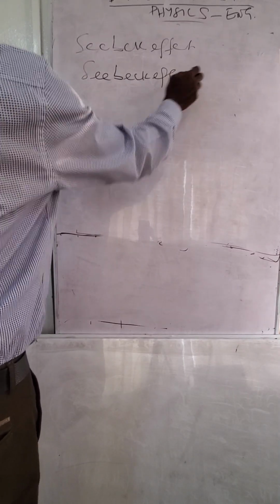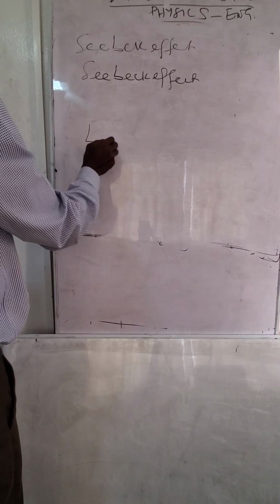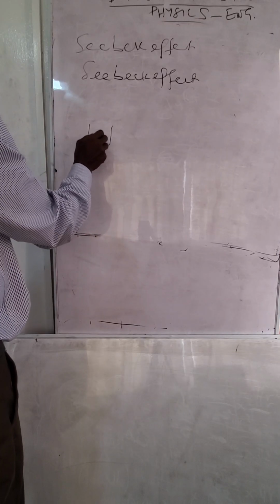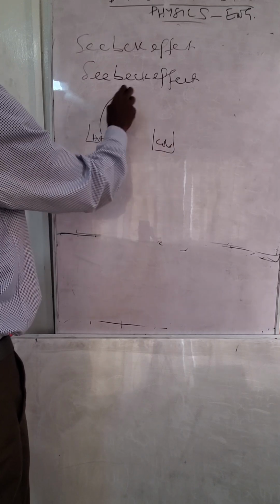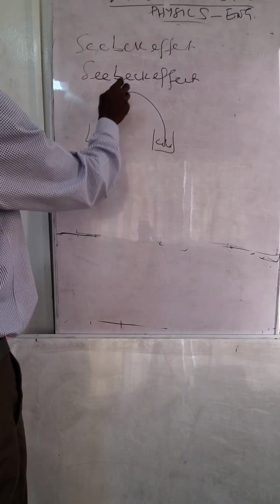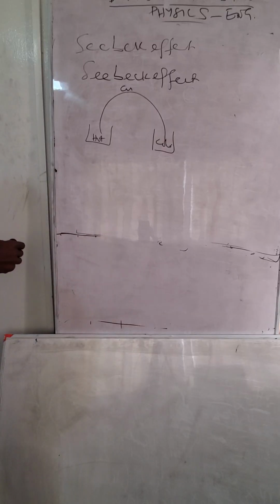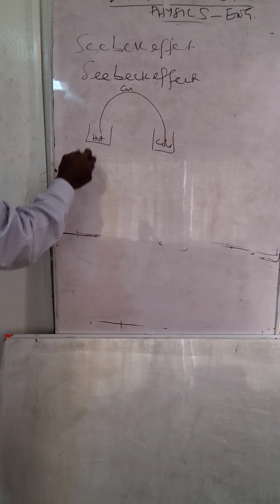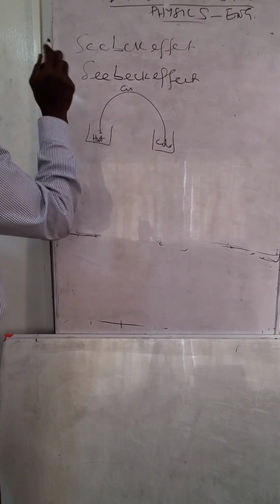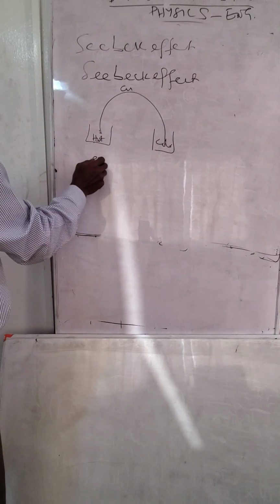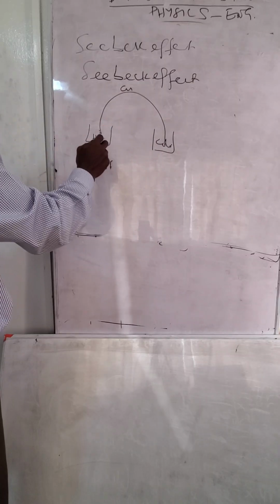So if you have, let's say, a hot liquid and a cold liquid, then you put copper in it. This is copper. Now, Seebeck's demonstration showed that if the two metal wires have different temperatures, this can set up an EMF to drive electrons through.